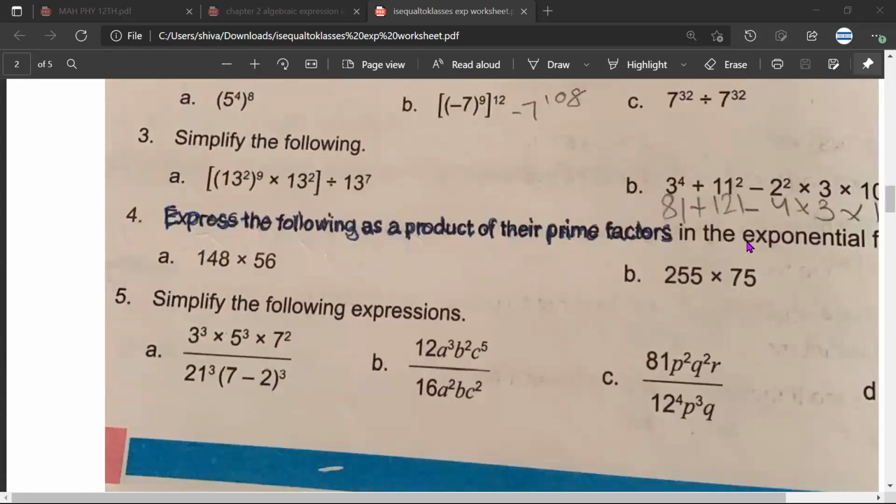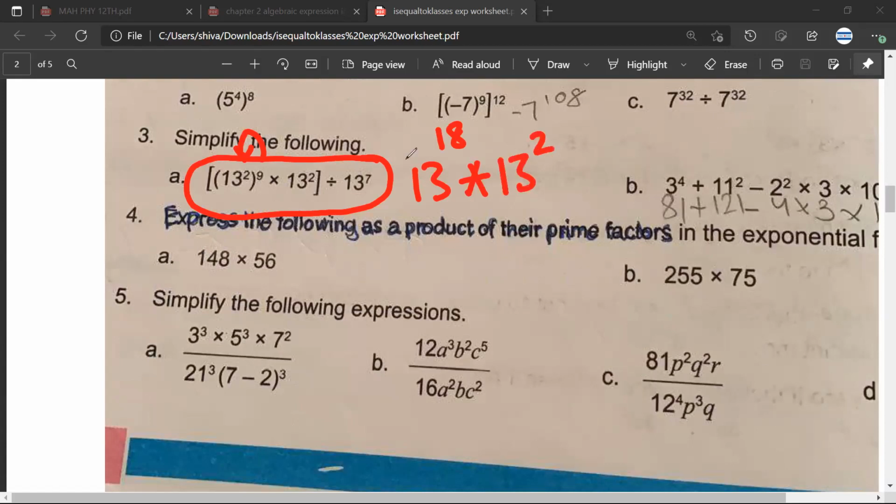Okay. Sarthak, were you able to do question number 3? Yes, sir. How did you do it? So first we multiplied 13 raised to power 2 into 9. Okay. Then we will do 13 raised to power 18 into 13 raised to power 2.